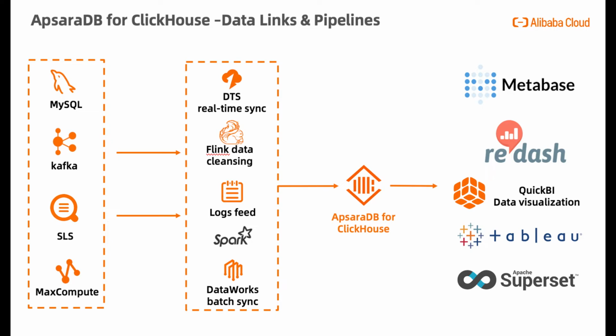As we mentioned before, it could do the table aggregation before data comes into ClickHouse, and then form a wide table. Then people can use ClickHouse for data visualization with Metabase, Redash, or QuickBI, which is developed by Alibaba Cloud as well, and also Tableau or Apache Superset.